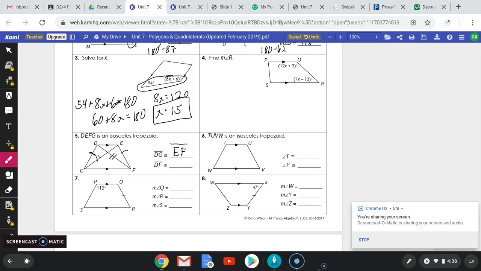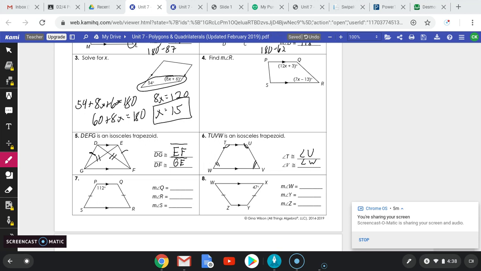So if we have DF, that means GE must be congruent. And then number 6 is just talking about the angles. If I have angle T, remember, it has to be congruent to angle U because those are base angles, the angles along the parallel lines. And then angle V has to be congruent to angle W.